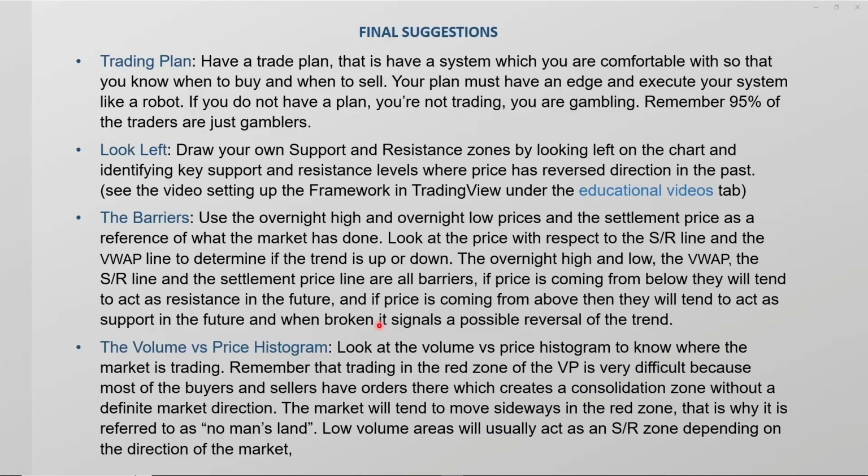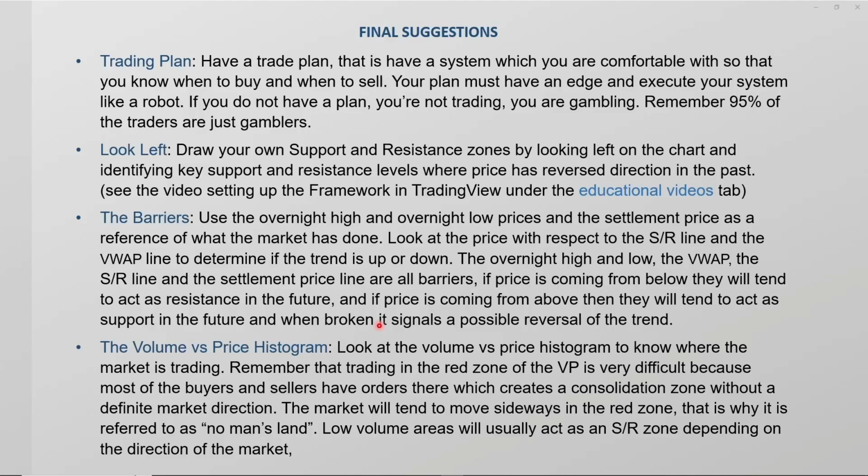The barriers. Use the overnight high and overnight low prices and the settlement price as a reference of what the market has done. Look at the price with respect to the SR line and the VWAP line to determine if the trend is up or down. The overnight high and low, the VWAP and the SR line, and the settlement price line are all barriers.